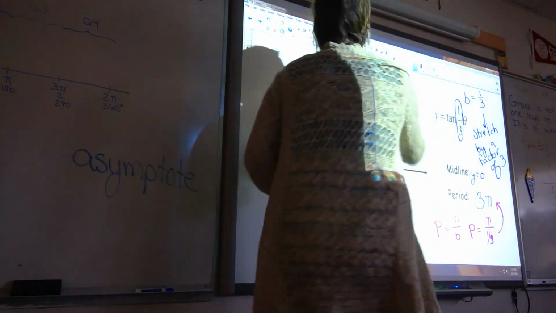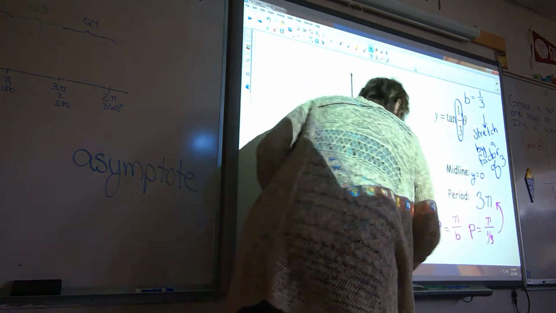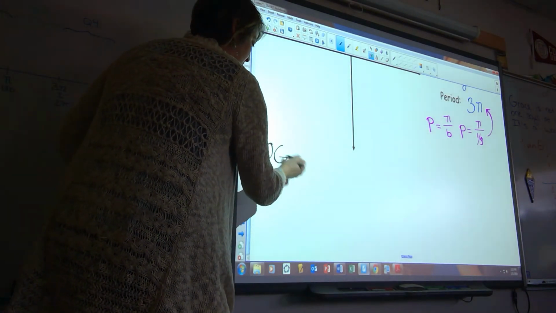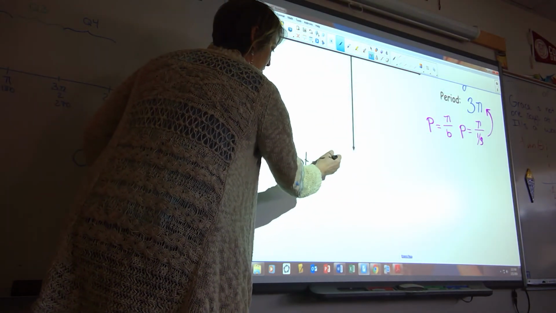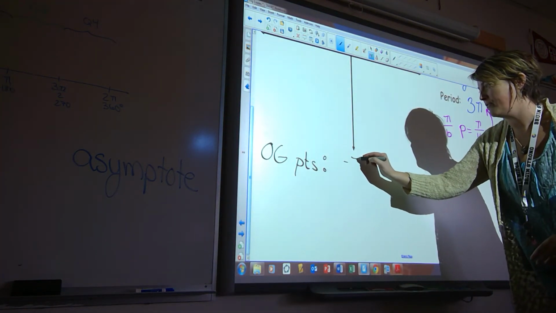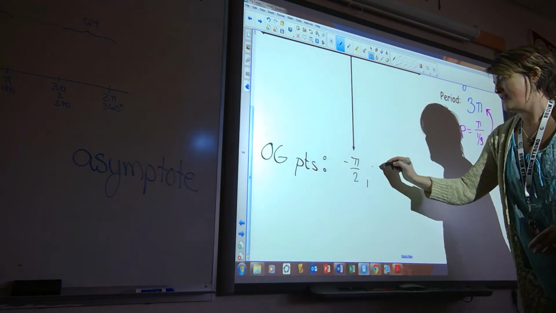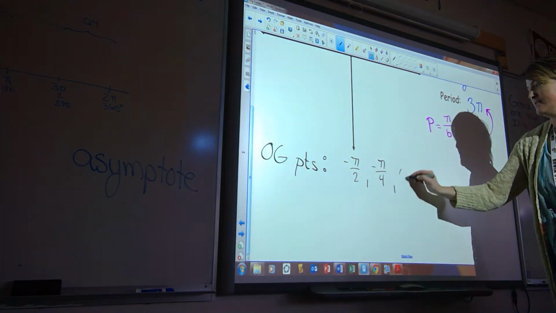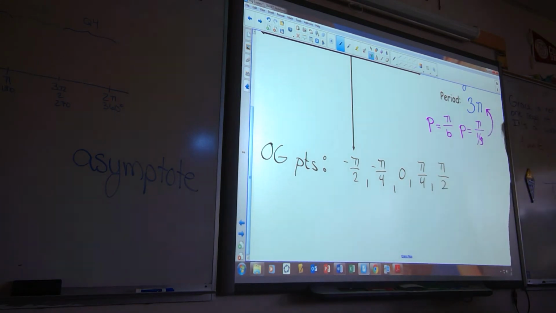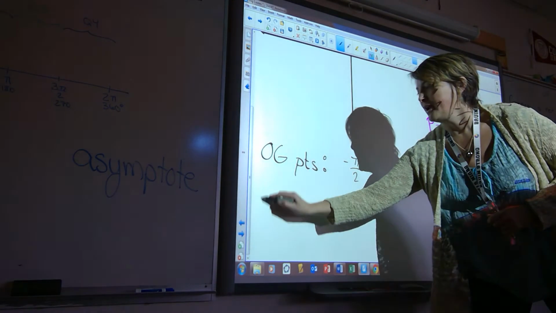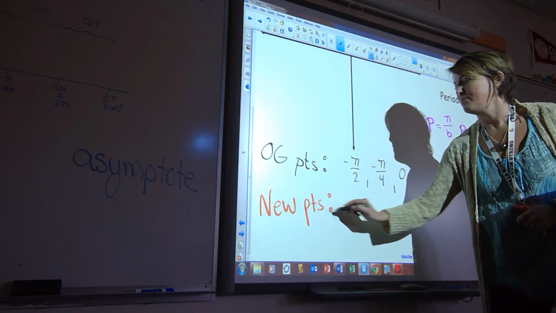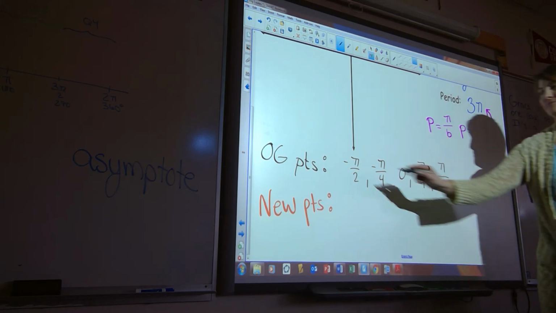The other thing that can be tricky at times is getting those tick marks. So start by writing down your original points. All right, so your original points were negative pi over 2, negative pi over 4, 0, pi over 4, and pi over 2. But our new points will be stretched by a factor of 3.